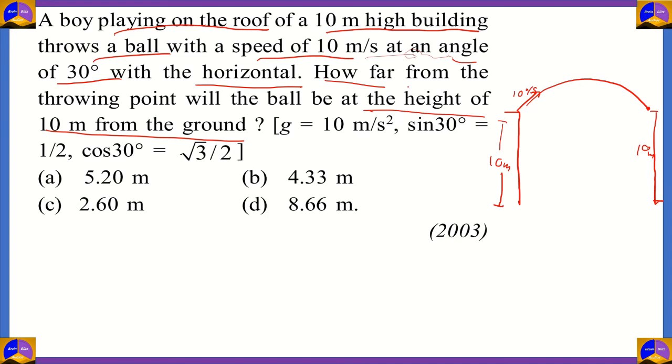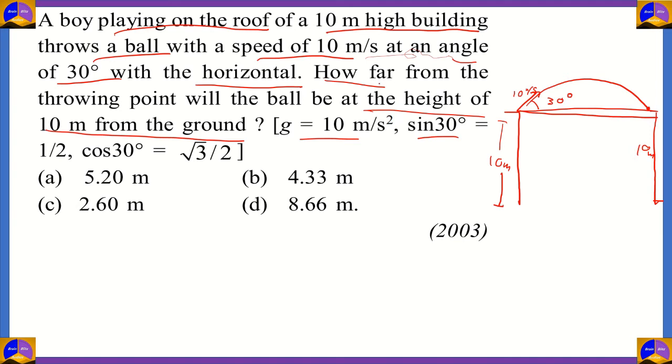We also know the angle at which this projectile was projected. The angle here is given as 30 degrees. We also know the value of g, sine theta, as well as cos theta. Now, how do we solve this question?